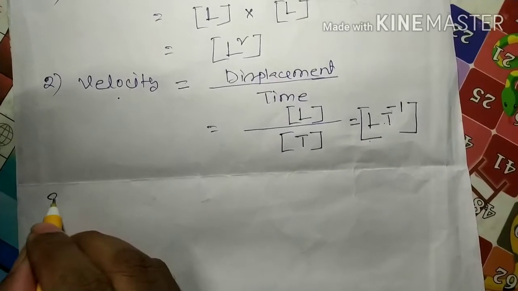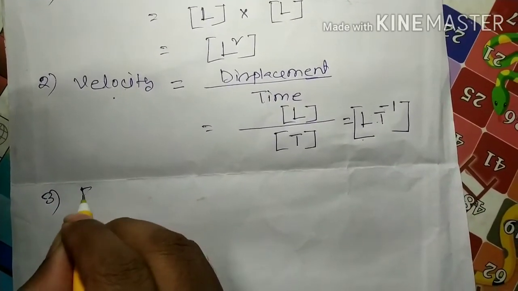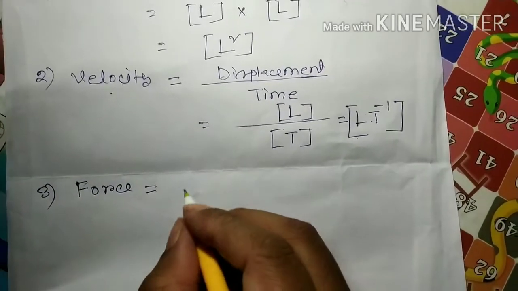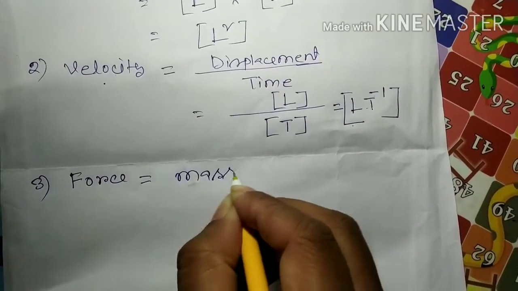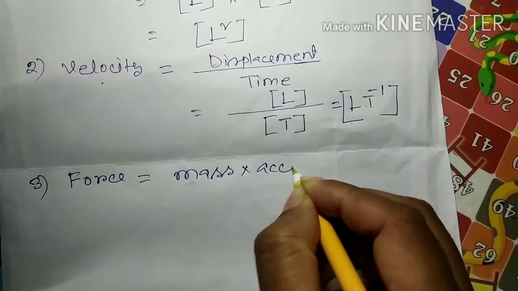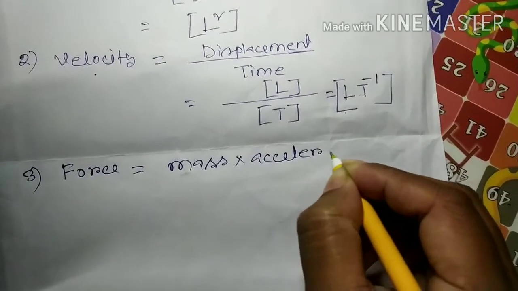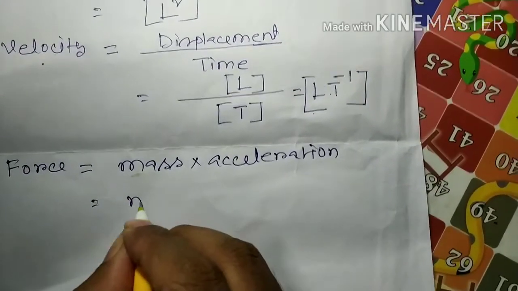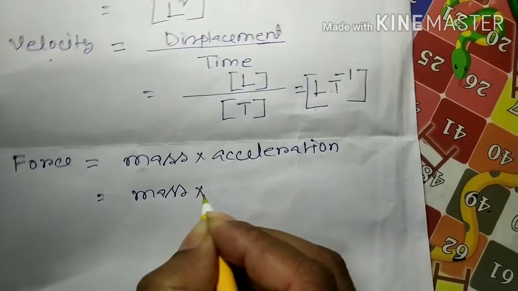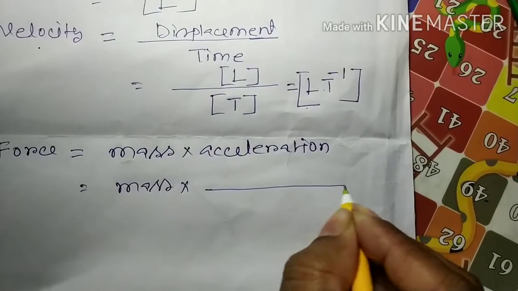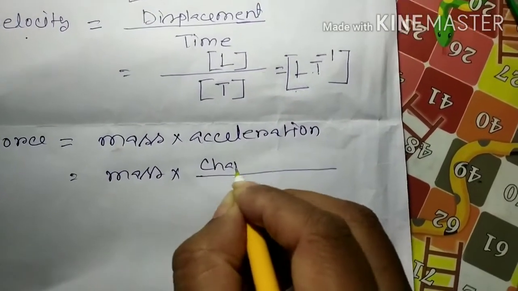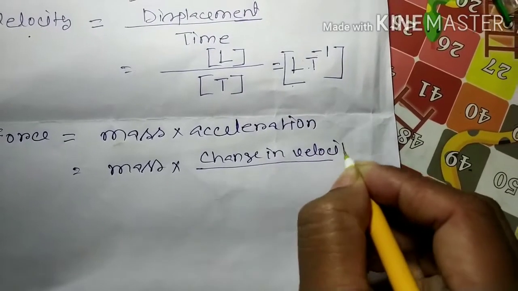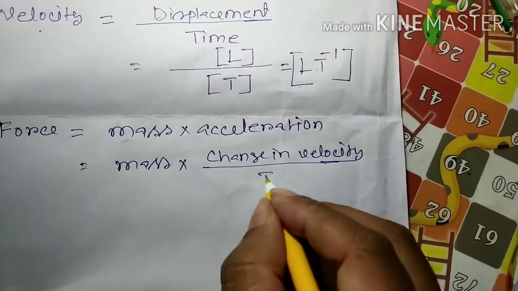Next, see number 3, force. Force formula we know, mass into acceleration. Is it? So mass, acceleration, again its formula is change in velocity divided by time.